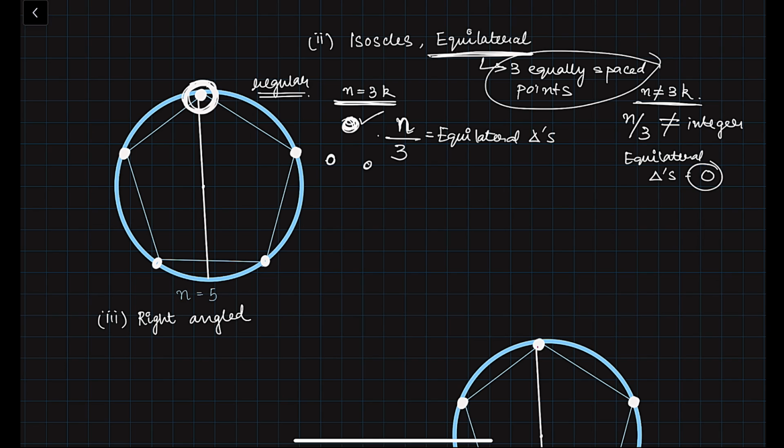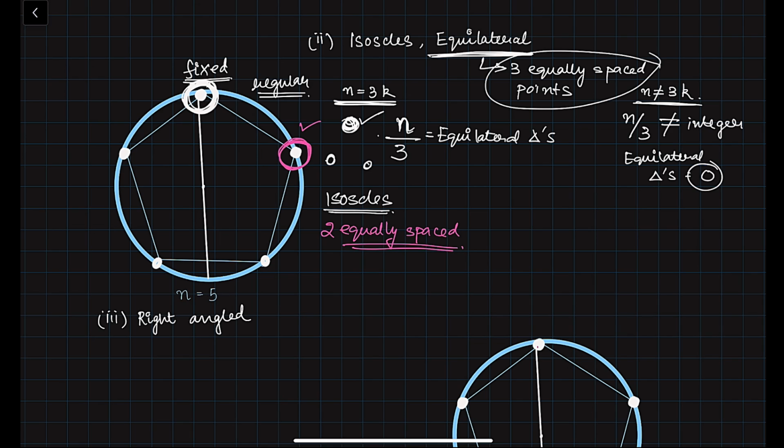Now to find the number of isosceles triangles. So for isosceles triangles, suppose this is the fixed point. We are choosing one fixed point, and we have to choose two equally spaced points from the fixed point, or the hinged point, right? So if we have to choose 2 equally spaced points, we can notice that suppose we choose this point.